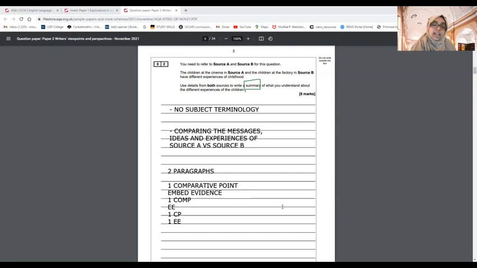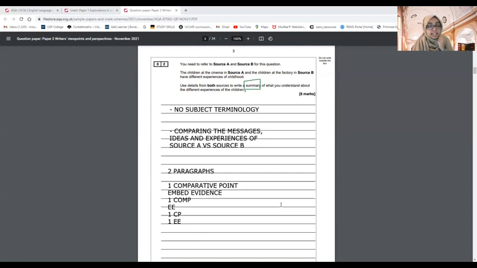Perhaps that source A is implying, you can use words like imply here because it's not an analysis. Don't use words like suggest here, but you can use words like implying, conveying, these sort of things.